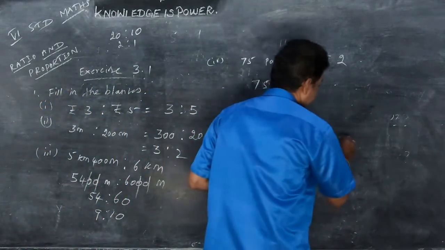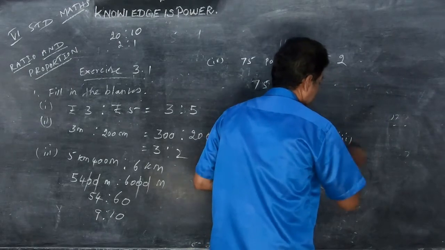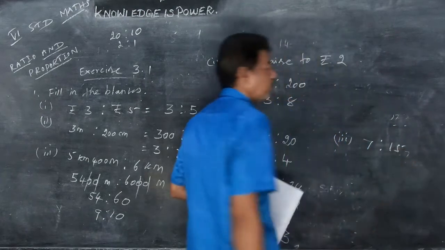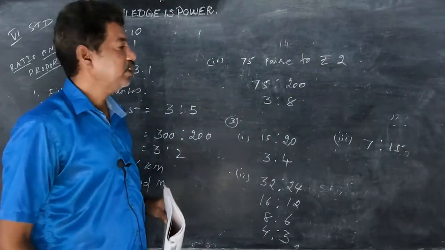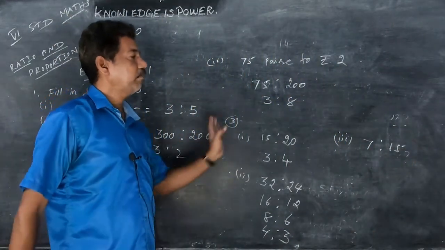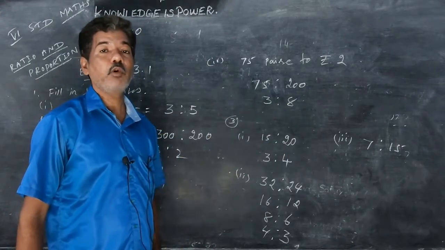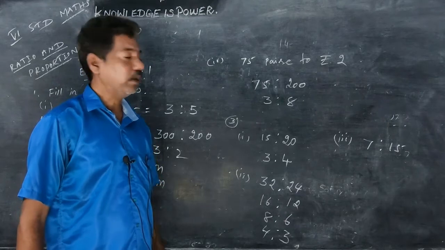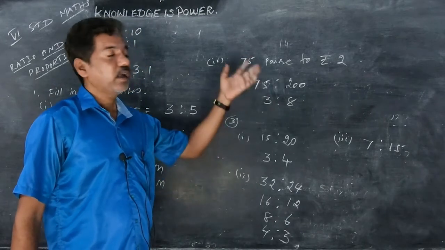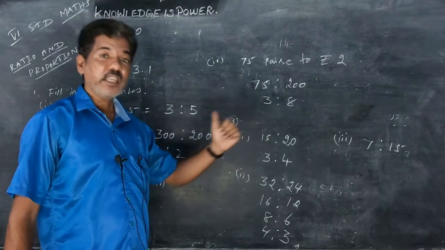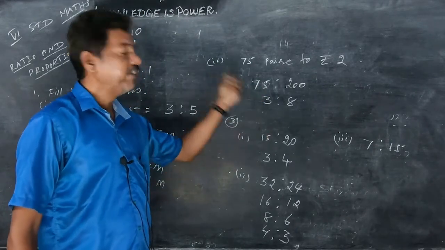So in that question number 3, what will be that? 7 is to 15. See now, both will not go in the same table. This 7 goes in 7 table, that 15 goes in 5 table, 3 table. But this will not go, so leave as it is.